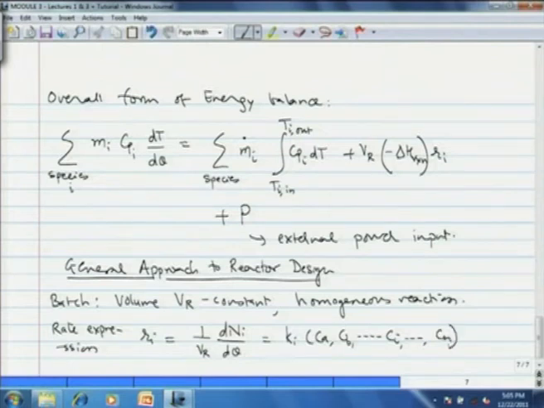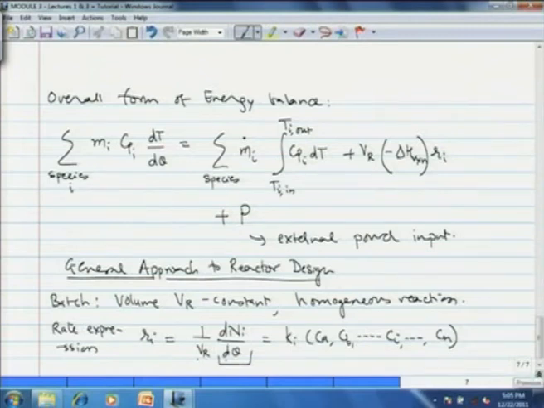Now, the rate expression is 1 by Vr, the volume, into dNi by d theta, the rate of change of moles of species i with time, is equal to Ki, which is the rate constant, into the concentrations of various species in the reactor at that particular time theta.